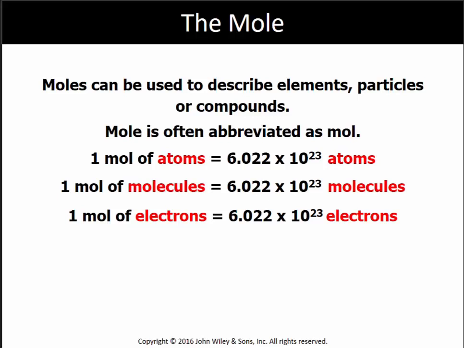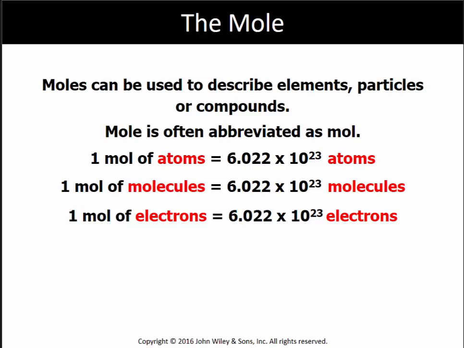Now, if we're looking at 1 mole of atoms, that's 6.022 times 10 to the 23 atoms. That's the number of atoms that exist in 1 mole of atoms.